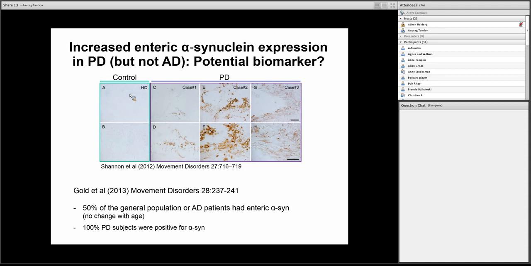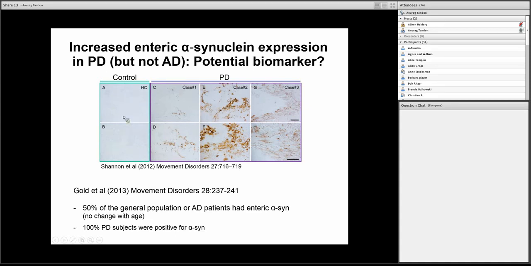Now, in these cases, this particular study done by Kordower's group, Shannon et al., was published about 2 years ago, and they looked at 10 Parkinson cases and a number of controls. And they were lucky enough to get patients that were very early in the treatment that had had colon biopsies for some other reason, and were able to track down the biopsy tissue and look at synuclein labeling.